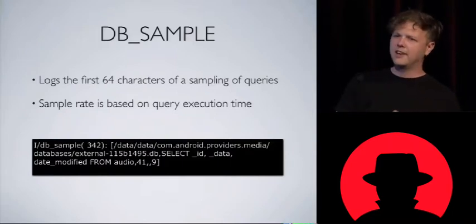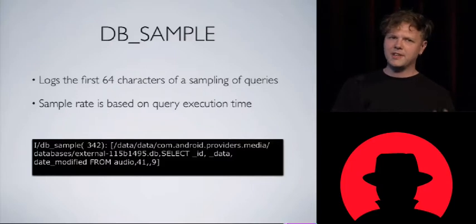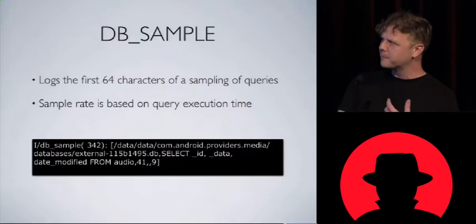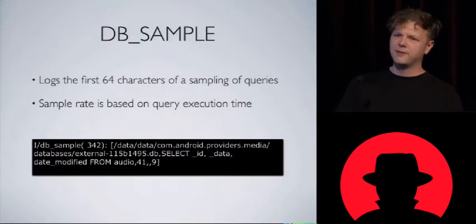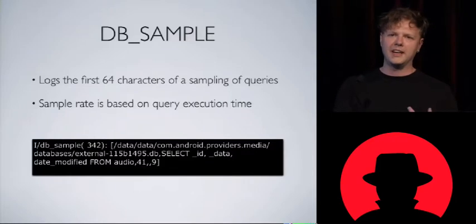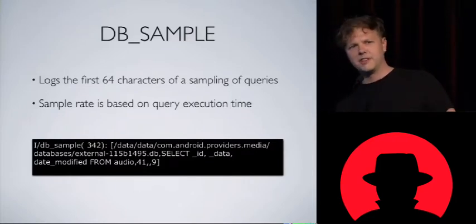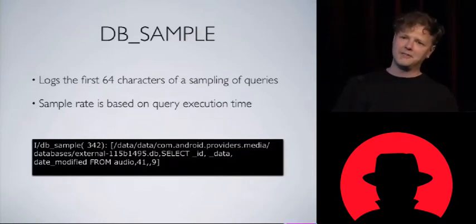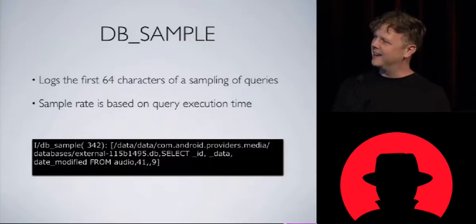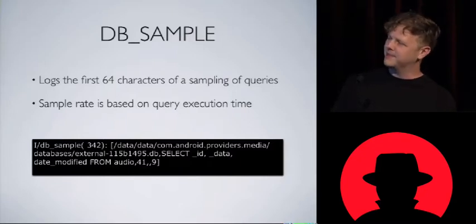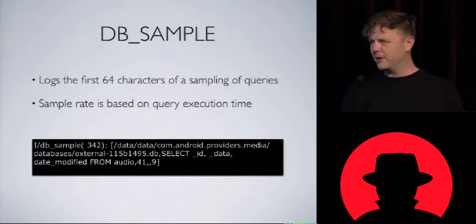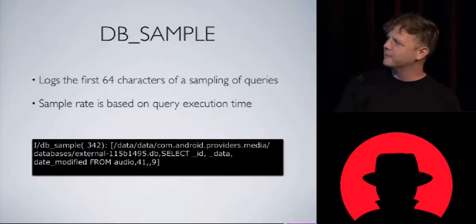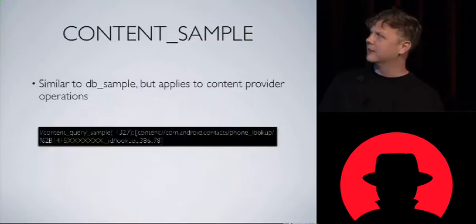There's a hook in the SQLite database driver to sample sets of queries based on the runtime performance of those queries. It only logs the first 64 characters of the query, so you're not going to see the whole thing in here. But it is something developers should be aware of if you're concatenating statements together, and those statements contain data. They could make their way to places that you didn't intend and have no control over.